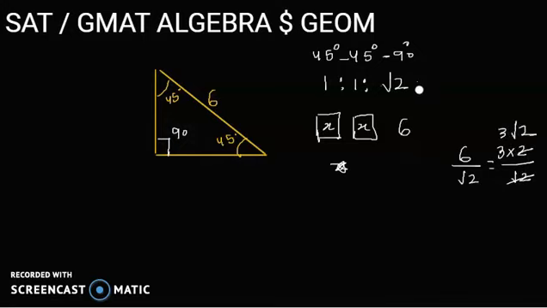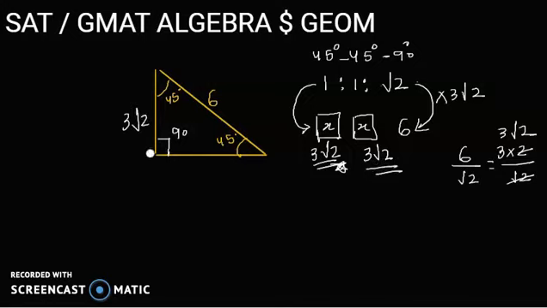That means this is 3√2, which means we have to multiply this also by 3√2, and this 1 times 3√2 will give you 3√2, and 1 times 3√2 will again give you 3√2. So these two sides will be 3√2 and 3√2.